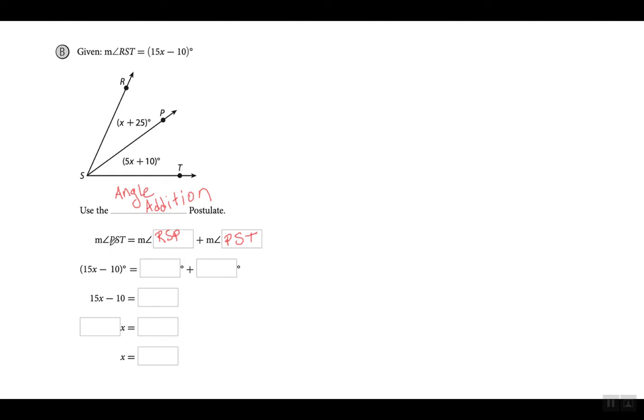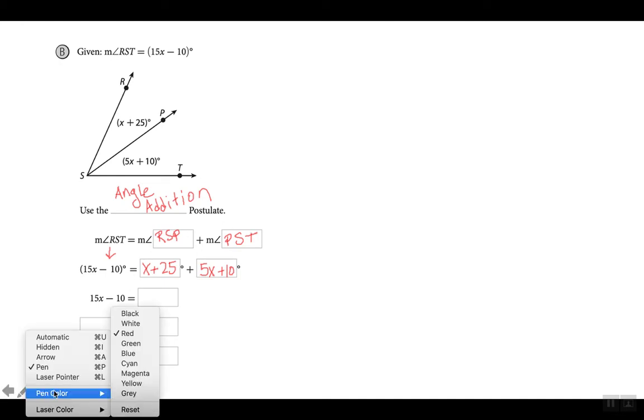And now we're just going to substitute. The measure of angle RST, it says at the top that it equals 15x minus 10. The measure of angle RSP is x plus 25. And the measure of angle PST is 5x plus 10. Okay, now, first thing I'm going to do is combine like terms.